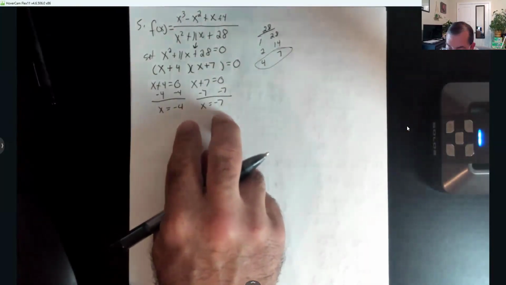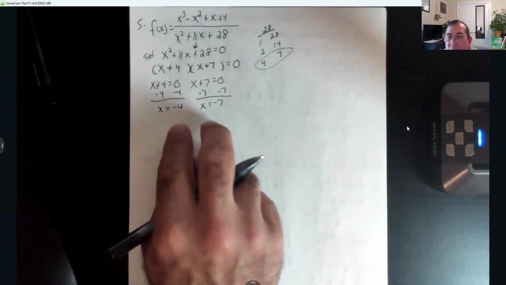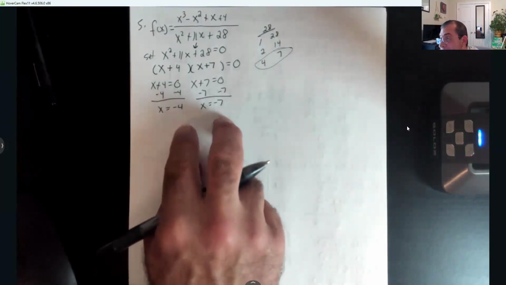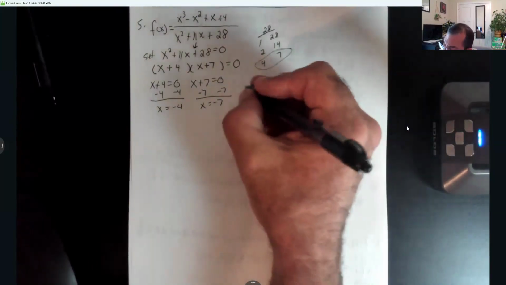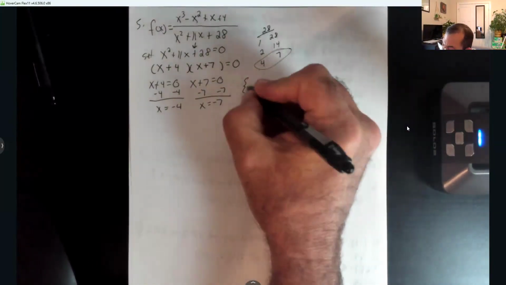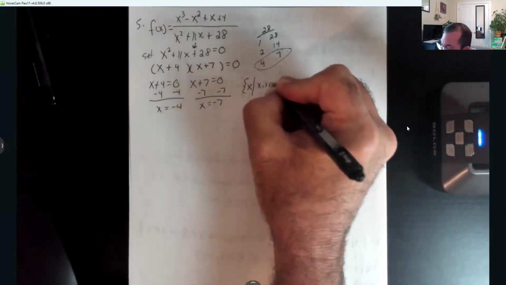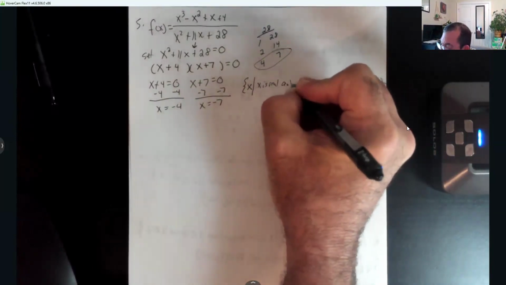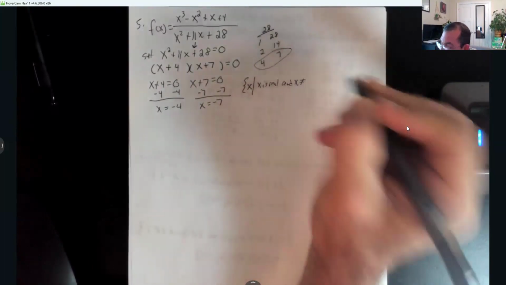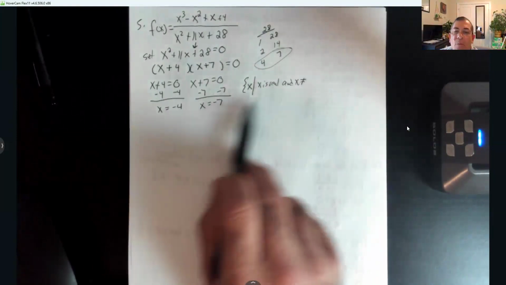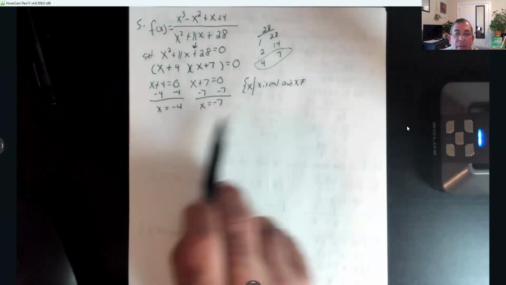Now, since these are both negative, MathLab made it a point that you better put these in ascending order. So set builder: x such that x is real and x cannot equal. Going left to right, which number comes first?